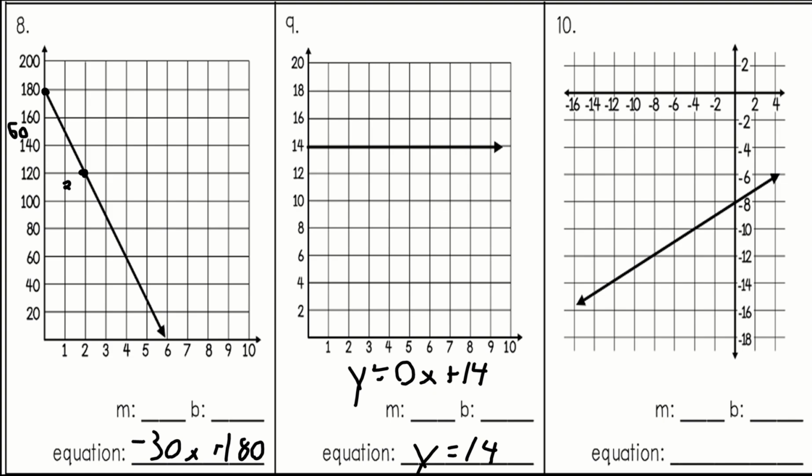So we just need the y equals 14. If you have a horizontal line, it's going to be y equals a number. If you have a vertical line, it's going to be x equals a number. It's just the variable's opposite what axis they're. It's the axis they go.